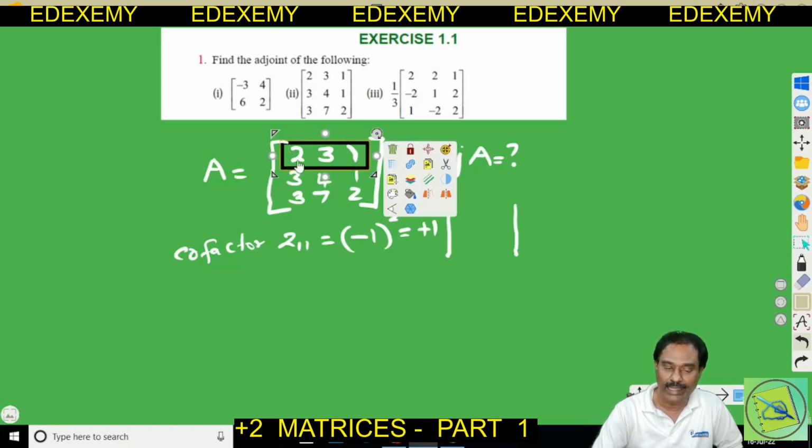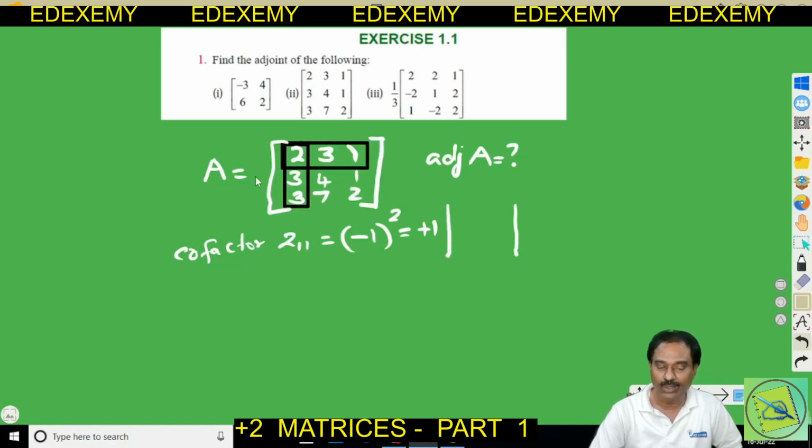The remaining numbers, 4, 1, 7, 2, will form a determinant which is called a minor.